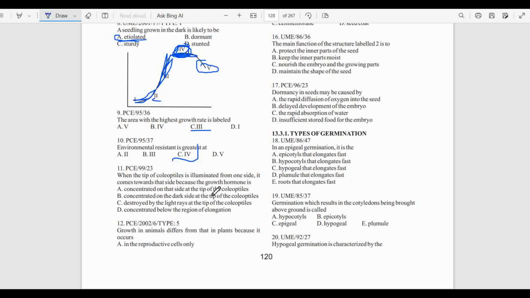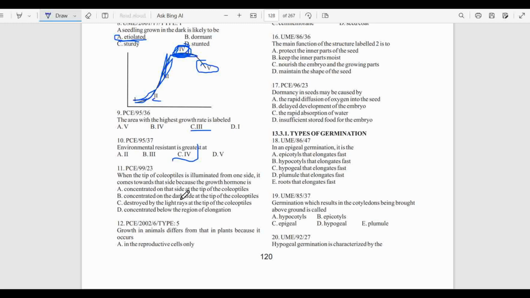A, concentrated on that side at the tip of the coleoptile. B, concentrated on the dark side at the tip of the coleoptile. C, destroyed by the light rays at the tip of the coleoptile. And D, concentrated below the region of the coleoptile. Okay, if you want to take a guess at this question, what would your answer be?